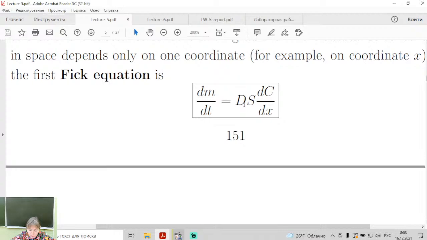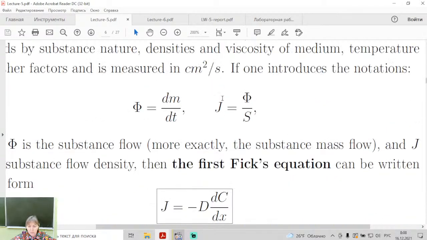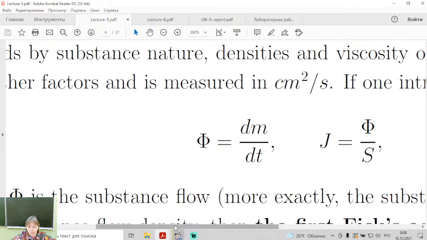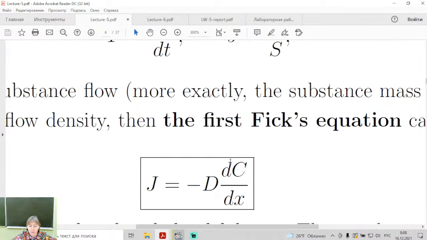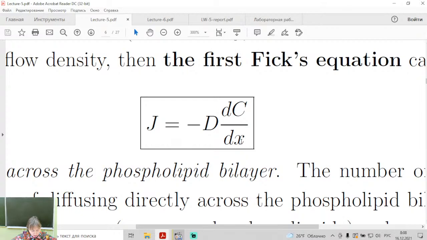If one introduces the notations, phi is the substance flow, more exactly the substance mass flow, and g is the substance flow density. The first Fick's equation can be written in the form. Look here. Direct diffusion across the phospholipid bilayer.